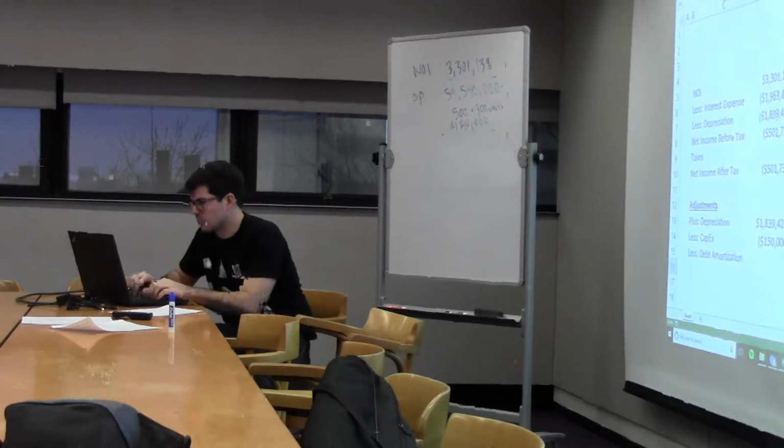6%, and our amortization is 3%. So that means we're looking here at year 0. In year 1, our loan is going to be reduced by 3%.